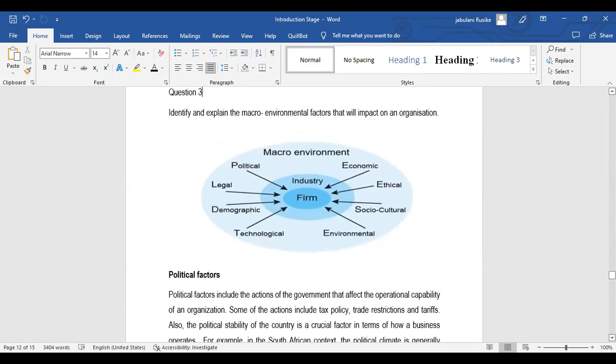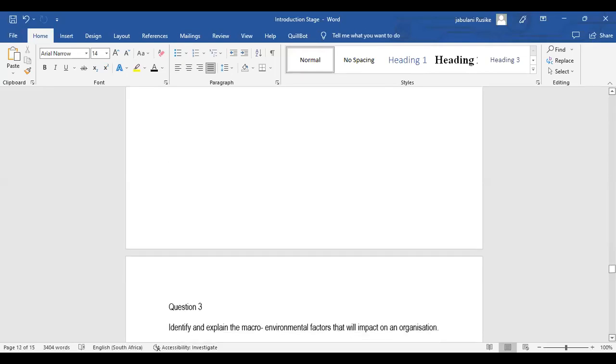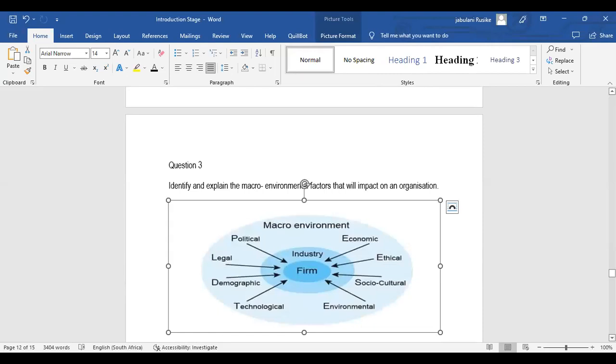But in this case, we're going to look at the external environment. Now, the macro environment refers to those forces or factors that impact the operations of an organization, and the organization does not have any control over them.